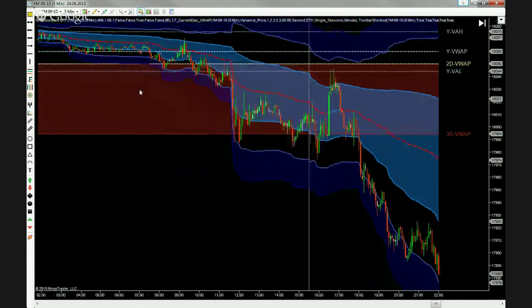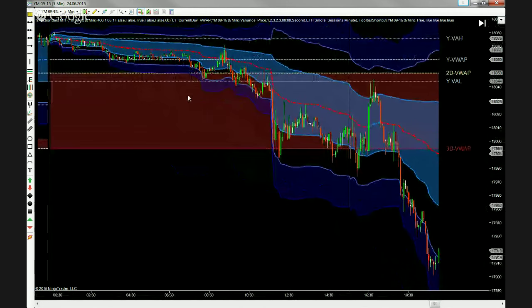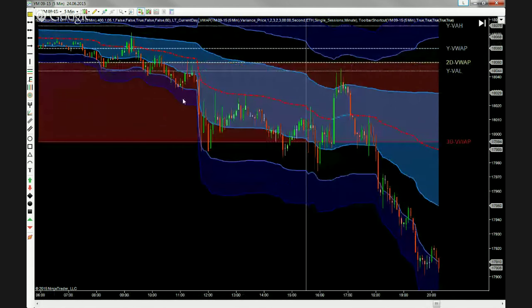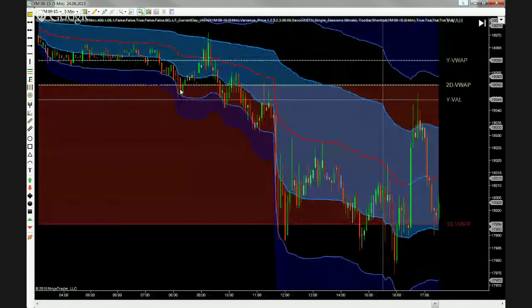You see in the beginning here, the price was moving above the VWAP of yesterday, found a little bit of support in it during the European session, and then came down to it here, found support and support here, made it into resistance up here, and then going all the way down to the pivot from 3 days ago and finding support down here.